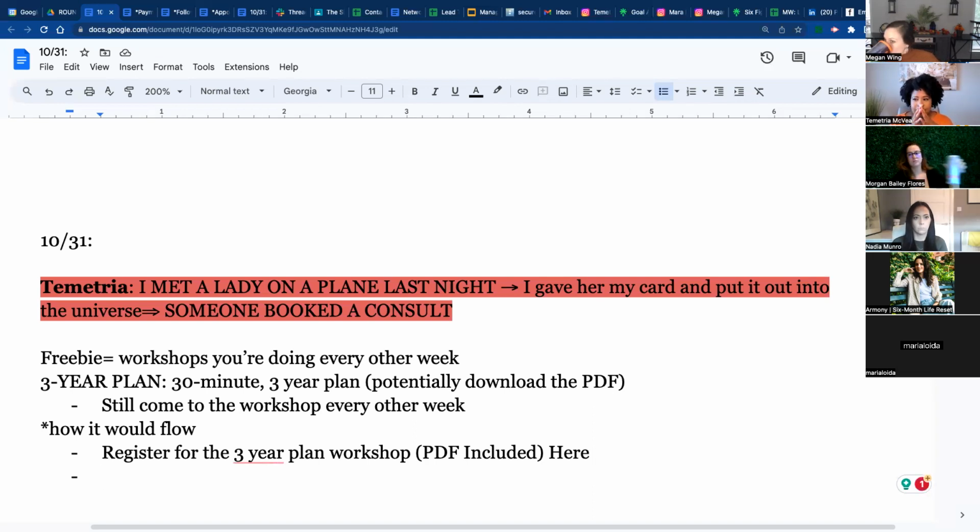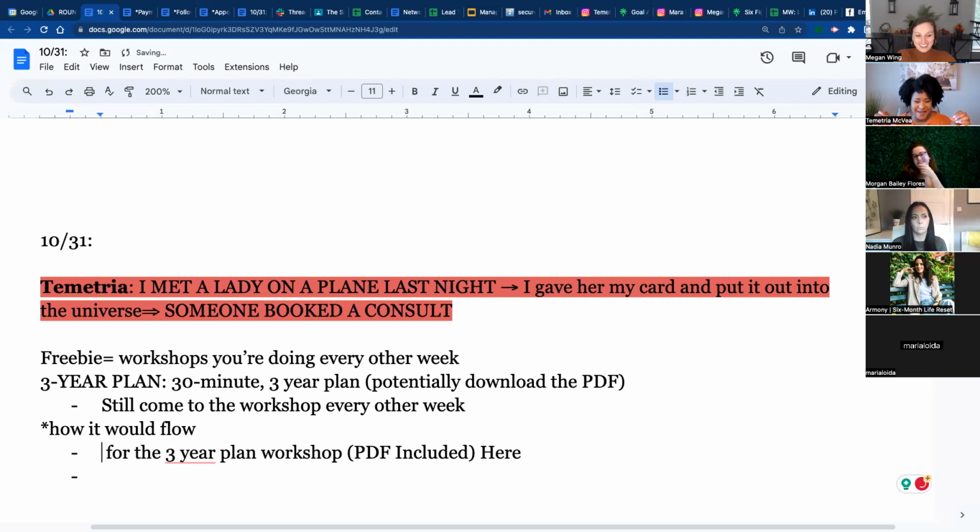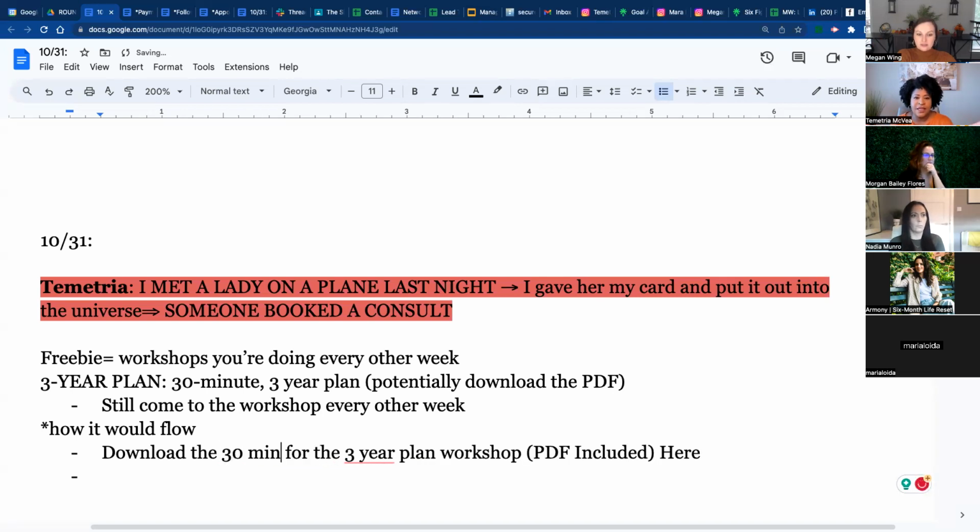Well, I'm just thinking about the flow of getting them through the process. I guess if they download, instead of saying register for the workshop, it says download this 30-minute 3-year plan, and one of the first emails can be inviting them to the next workshop.